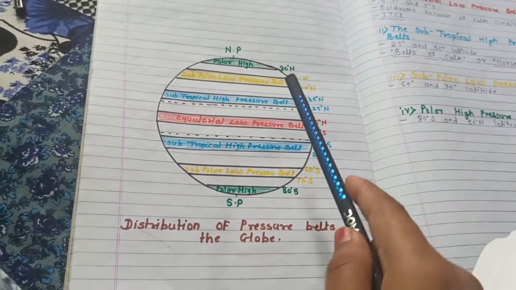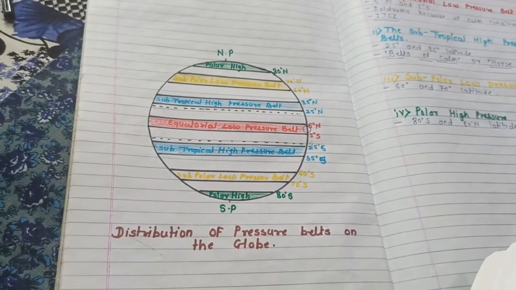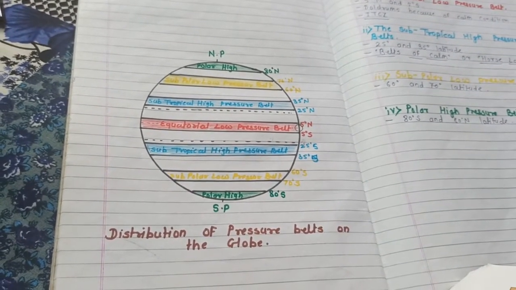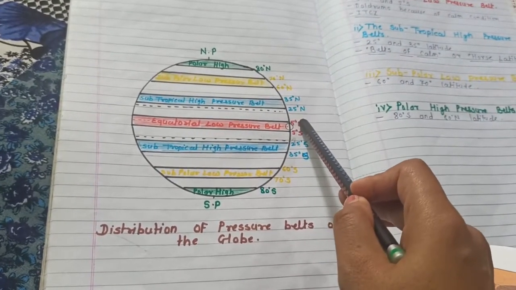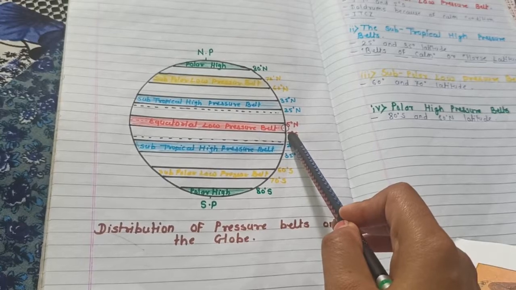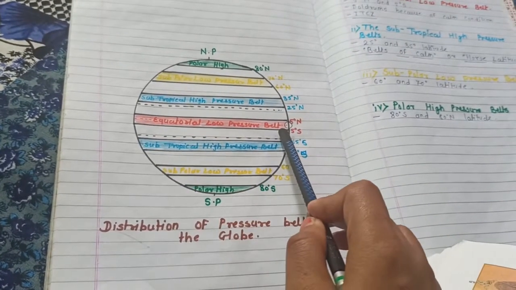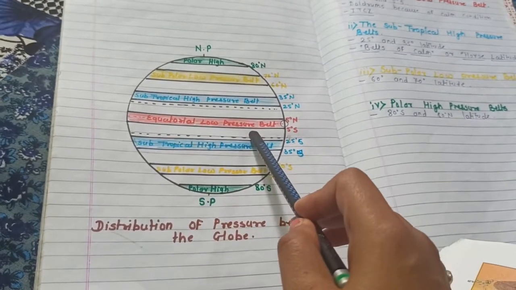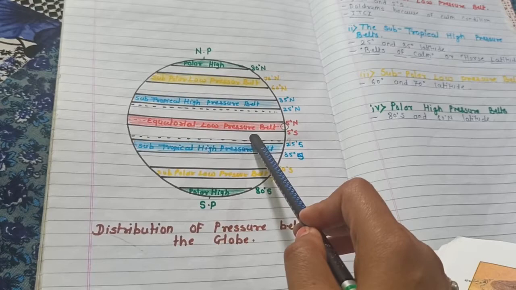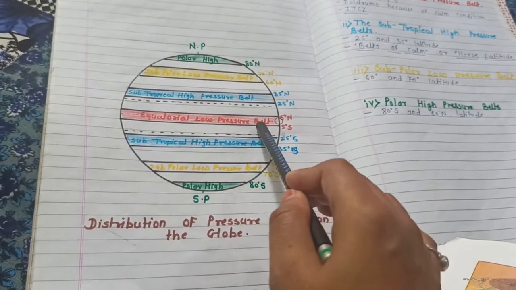First we explain the equatorial low pressure belt. This belt lies between 5 degrees north and 5 degrees south latitudes along the equator. The dotted line we can see here is the equator. This belt mainly exists because of maximum insolation at the equator.